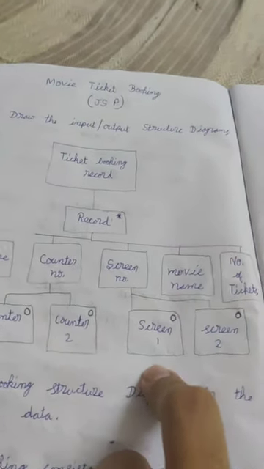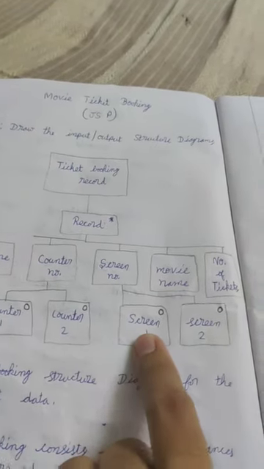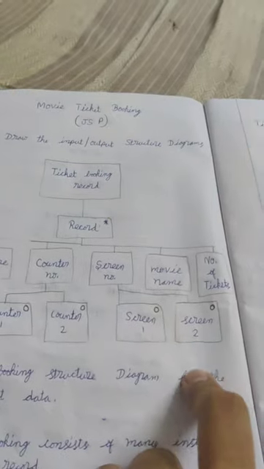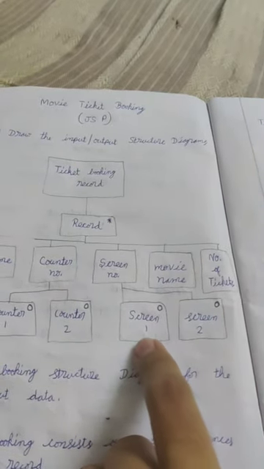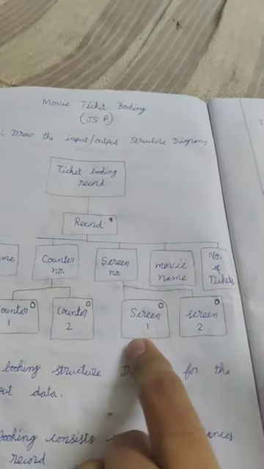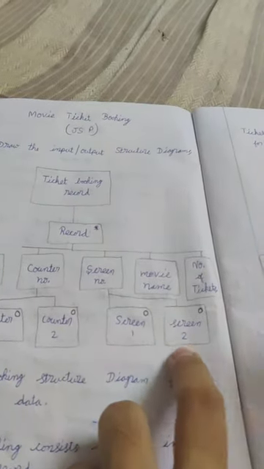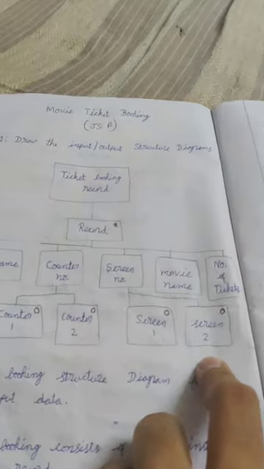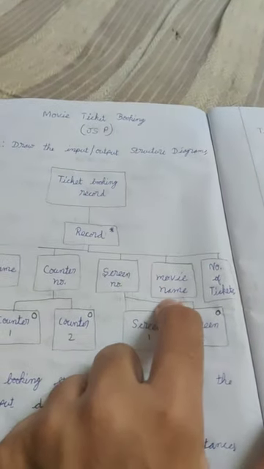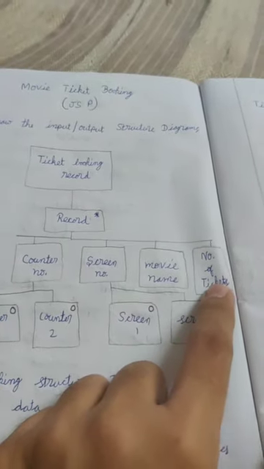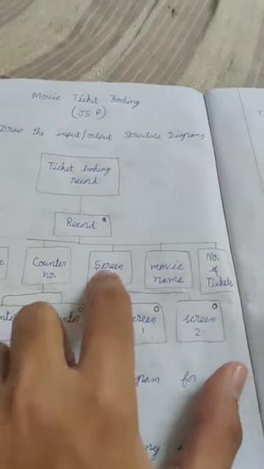If a theater contains two screens, one movie in one screen and another movie in the other screen, we have to decide which movie we want to go to. If screen 1, we can go to screen 1; if screen 2, we can go to screen 2, and then the movie name, and then we have to say the number of tickets we have to take. This is the input structure diagram.